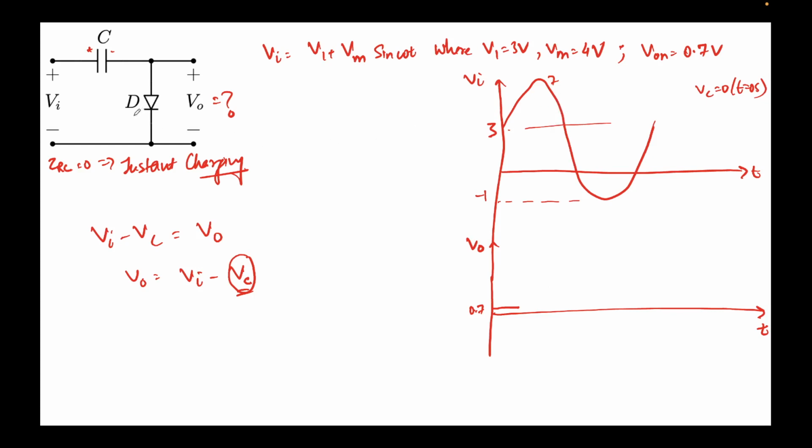After this, it will simply be following whatever the input is, because it is only shifted by a Vc, and hence this is called a clamper circuit.